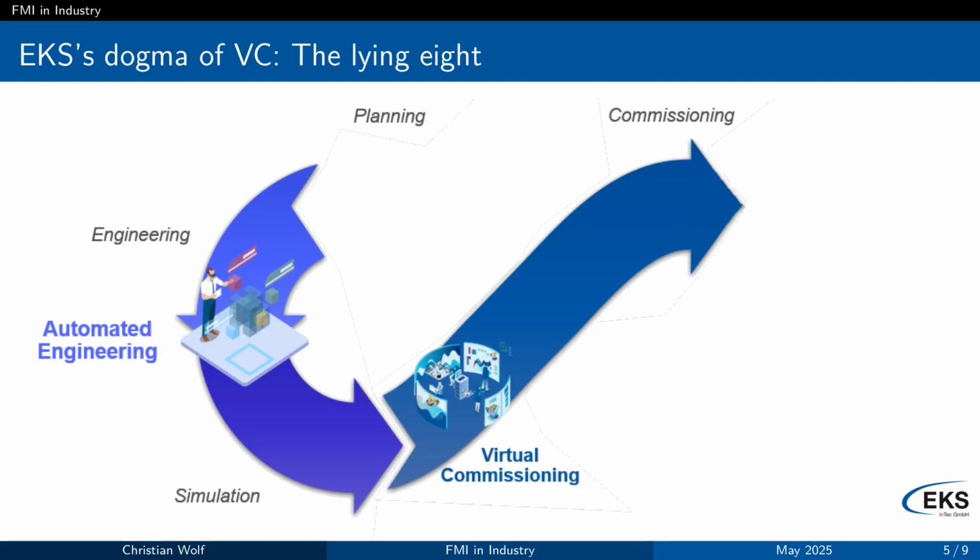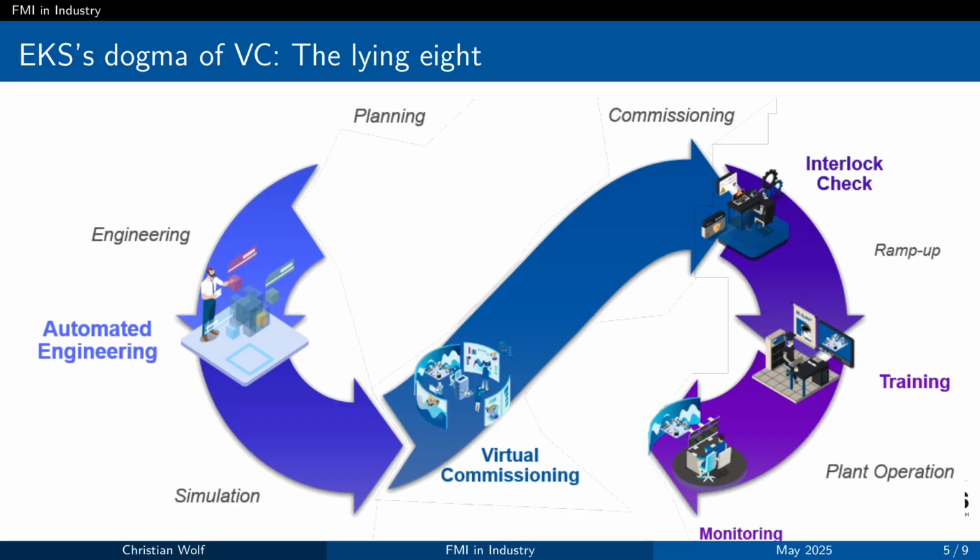And in the real world then we have first this interlock check, which is what I just described with this checking about collisions. We start to ramp up, that means to actually start producing with the plant.